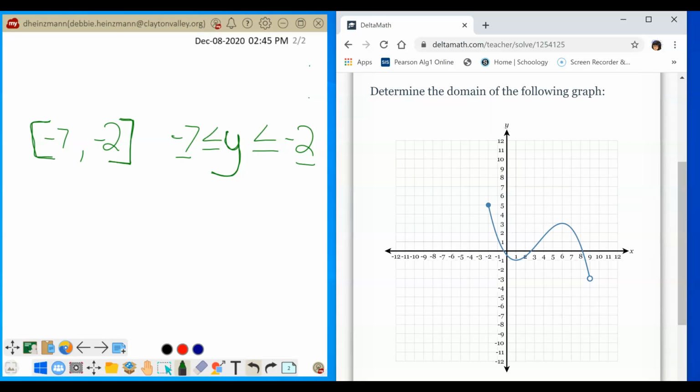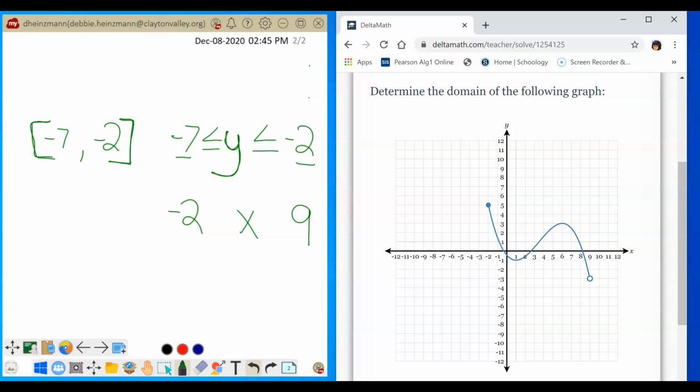And our highest x value is at x equals 9. And I want you to note something super interesting. So we're going to be going from -2 to +9. And we're looking for x's, right? We're looking for the domain of the function.